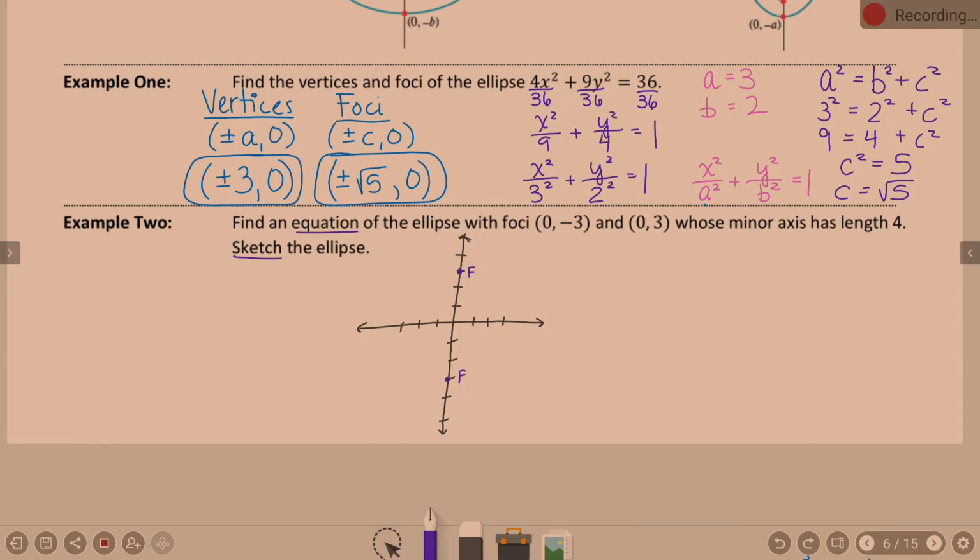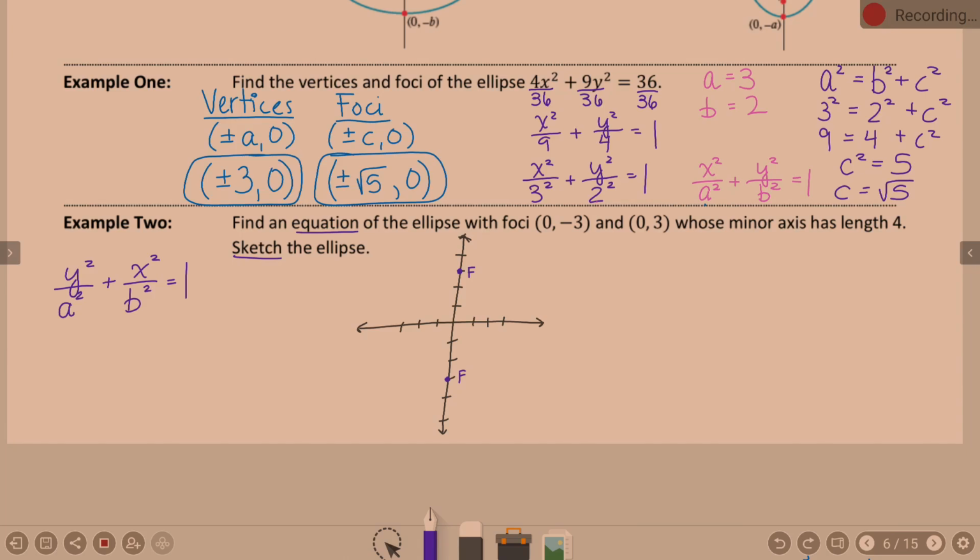My foci are vertical, yes? My foci are vertical, which means my vertices are going to be vertical, which means this is a right column. So when I go to write my equation, I'm going to be filling in y squared over a squared plus x squared over b squared equals 1.